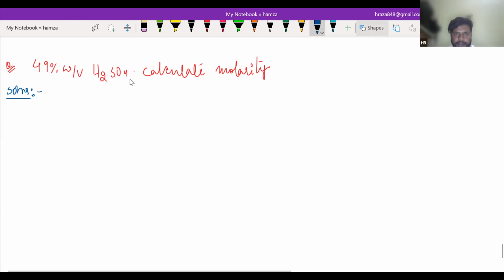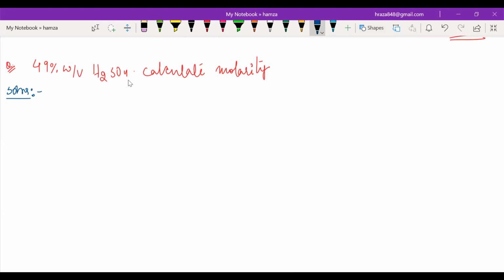What is the answer? So it will be 49 into 1000 by 100.